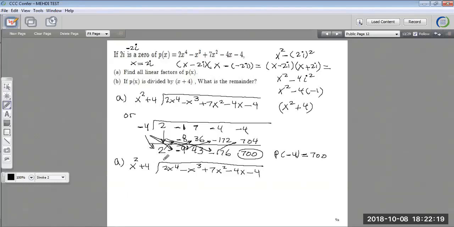So here we go. What times x squared gives you 2x to the power of 4? That would be 2x to the power of 2. And then you multiply, you get 2x to the power of 4, and plus 8x to the power of 2.